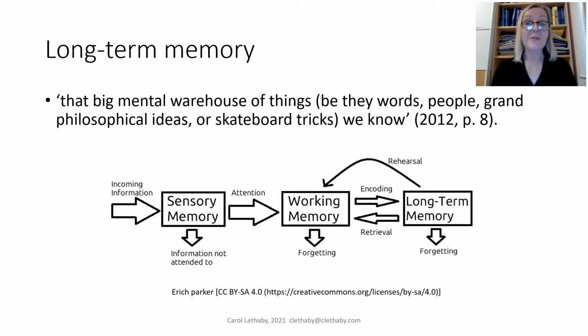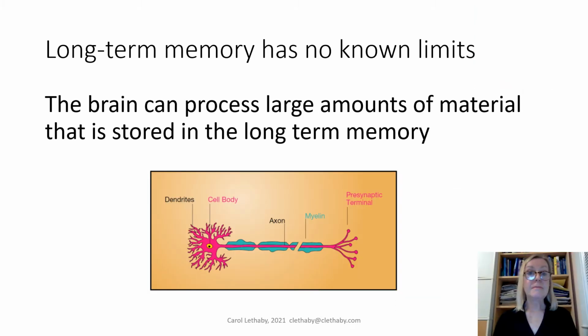So we can see from this that this is what we're trying to do when we teach, get information into long-term memory. And the long-term memory has no known limits. So this is really important for us to think about, isn't it? We can process large amounts of information and store it there in this long-term.